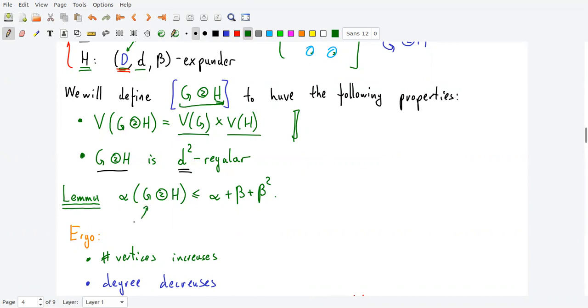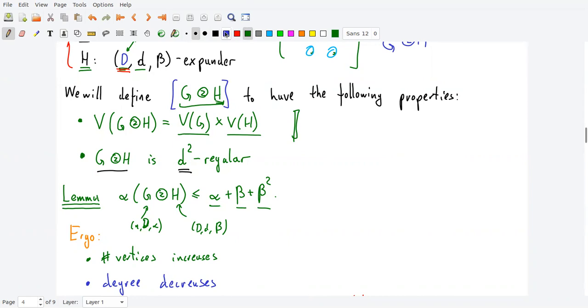So if G is an (N, D, alpha) expander, and H is a (D, d, beta) expander, then alpha of the zigzag product, so the ratio between the highest non-trivial eigenvalue and the regularity, is bounded by alpha plus beta squared.